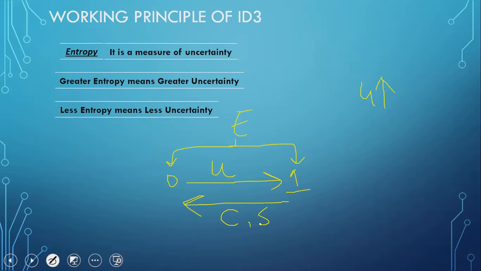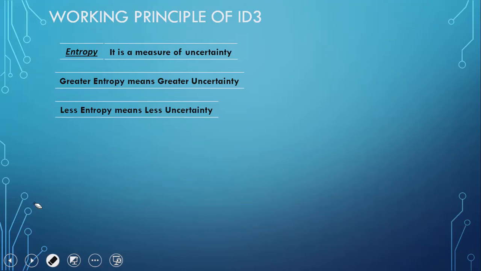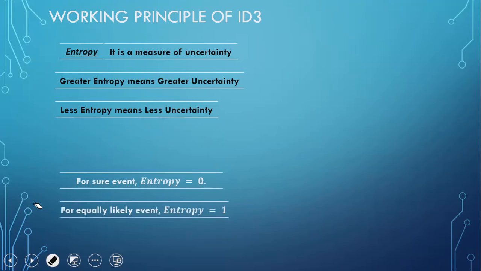That means we are becoming more and more sure as the value of entropy goes from 1 to 0. So we have to know these points: for a sure event we have entropy 0, and for an equally likely event we have entropy equal to 1. For all other cases where the uncertainty lies between the sure event and the equally likely event, the entropy lies between 0 and 1.